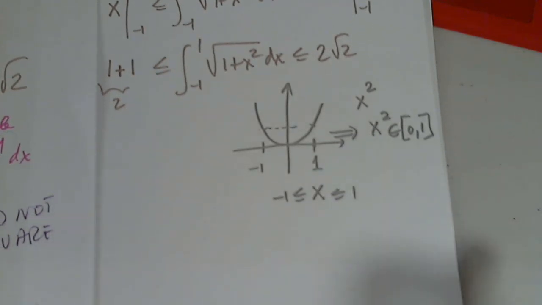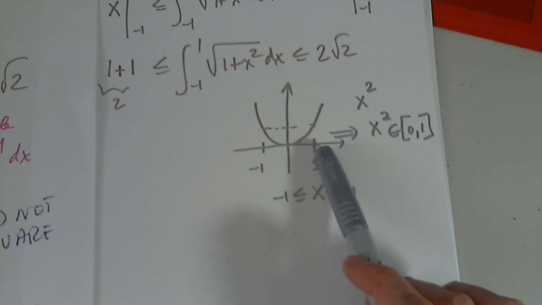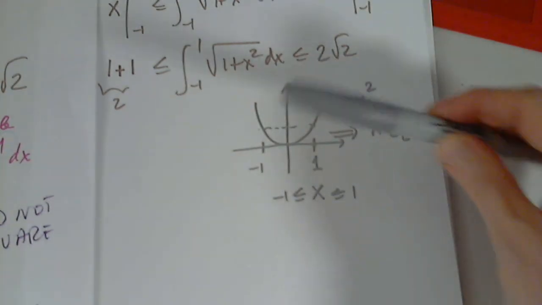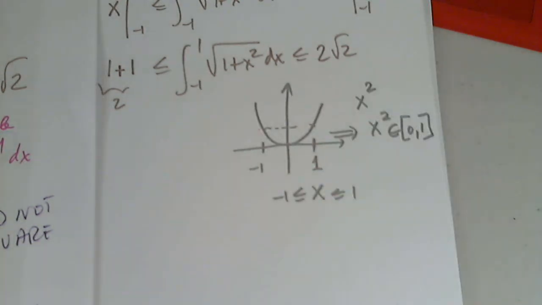That's always going to be the case. If the number is between -1 and 1, function x squared will be between 0 and 1. Okay. That is carved in stone. Is that clear? Yes.